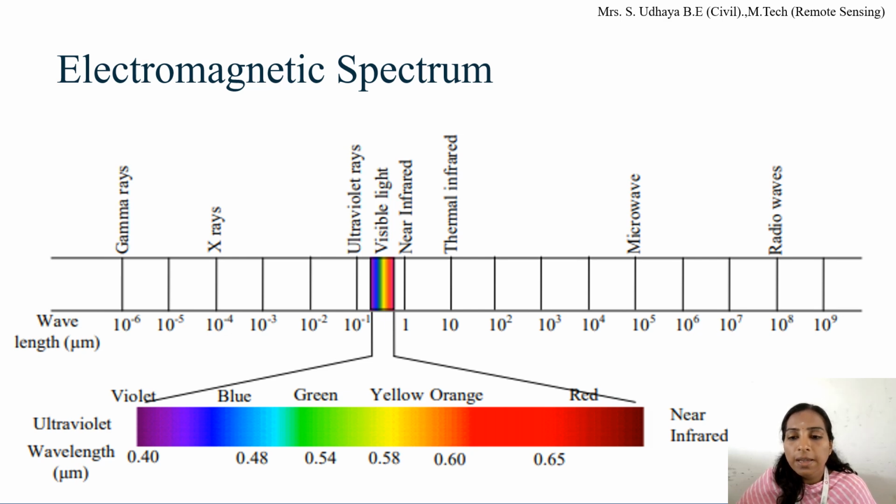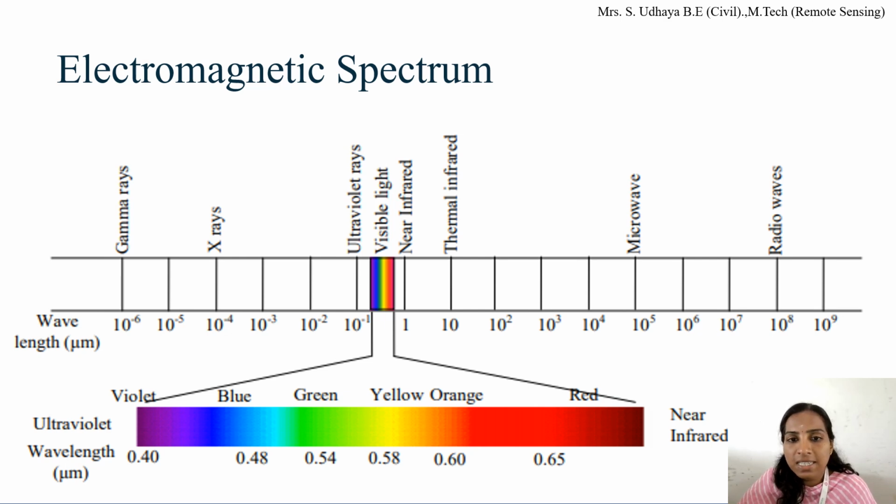We have heard of VIBGYOR, violet, indigo, blue, green, yellow, orange, red, the color shades of a rainbow. These are the color spectrum in visible light, which has a wavelength of 0.4 to 0.7 micrometer.